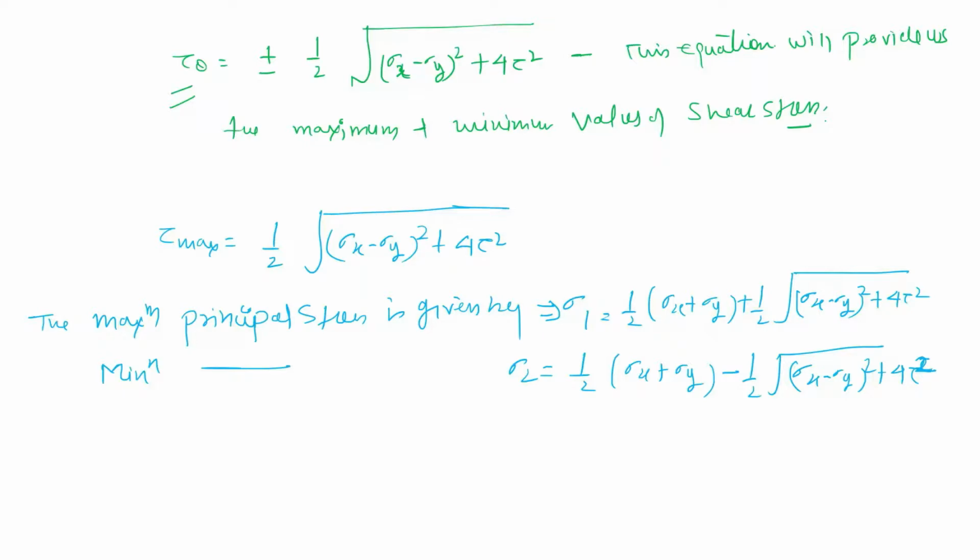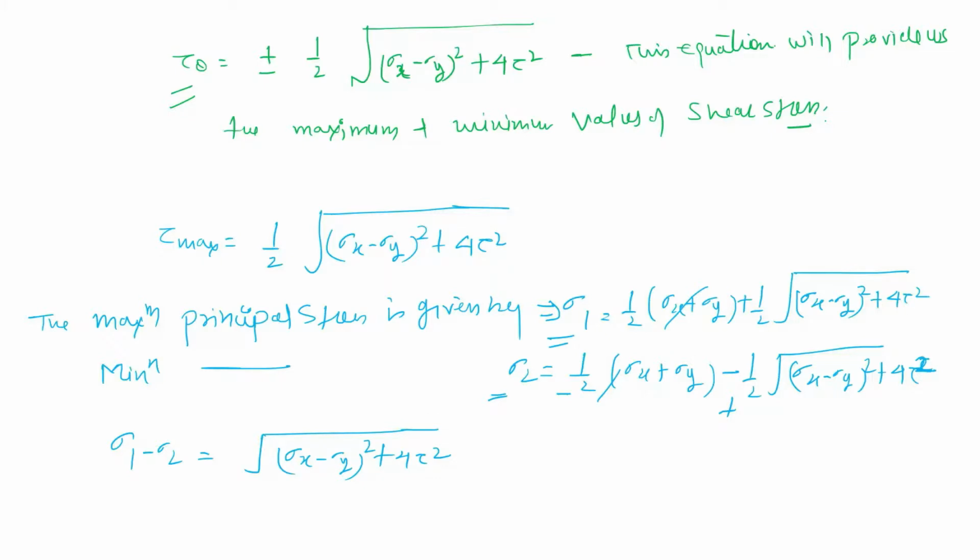If we subtract sigma 2 from sigma 1, we get sigma 1 minus sigma 2 equal to, this will get cancelled out and this will get added, under root of (sigma x minus sigma y) whole square plus 4 tau square.